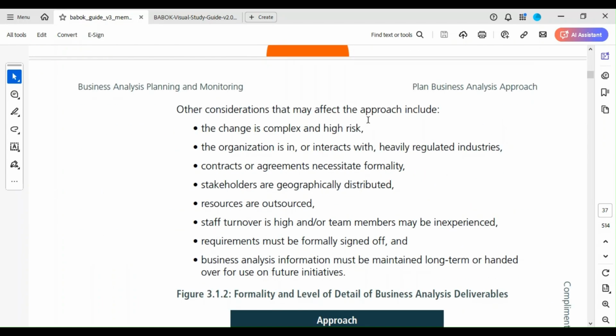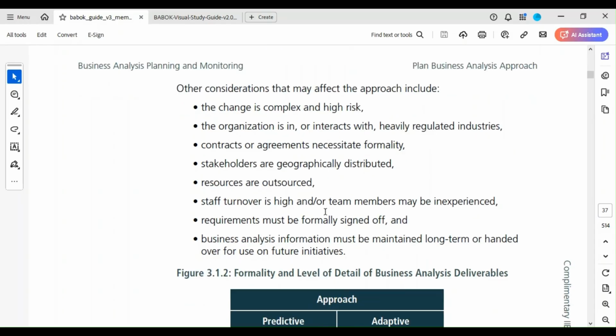Other considerations that may affect the approach include: the change is complex and high risk; the organization is in or interacts with heavily regulated industries; a contract or agreement necessitates formality; stakeholders are geographically distributed; resources are outsourced; staff turnover is high or team members may be inexperienced; requirements must be formally signed off.